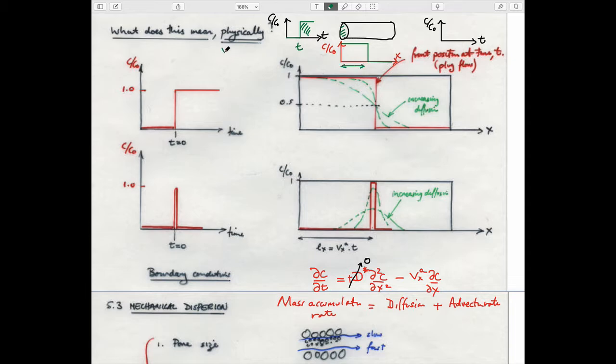And what is it? Velocity equals length over time. So length will equal the advective velocity times time. So that's this, right? This is how far it goes down.